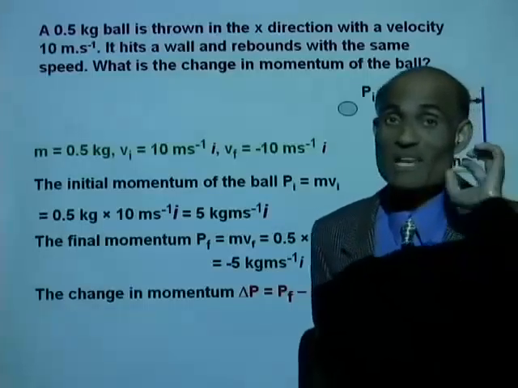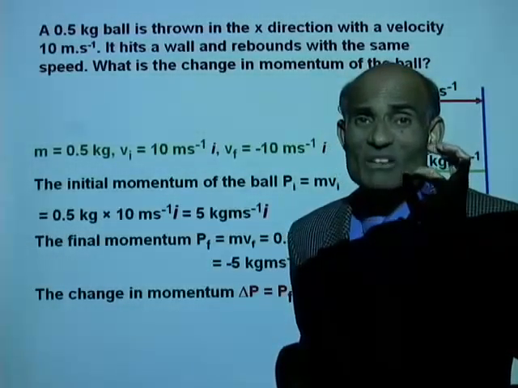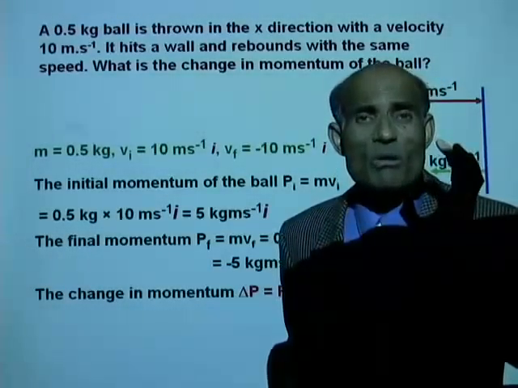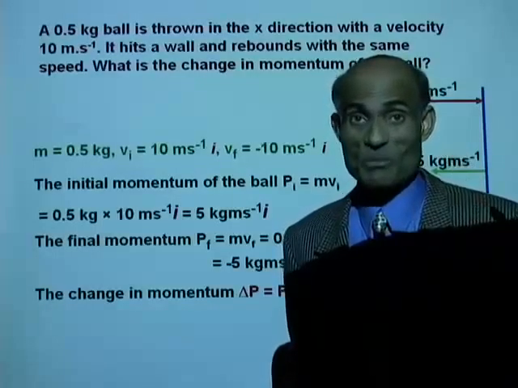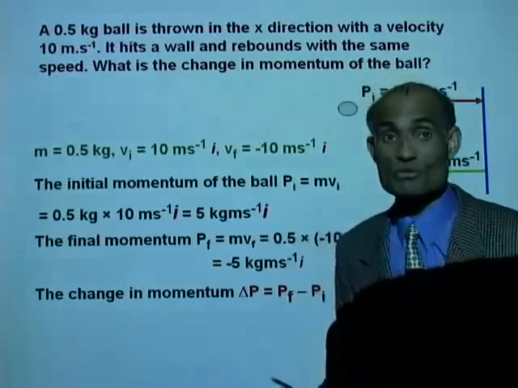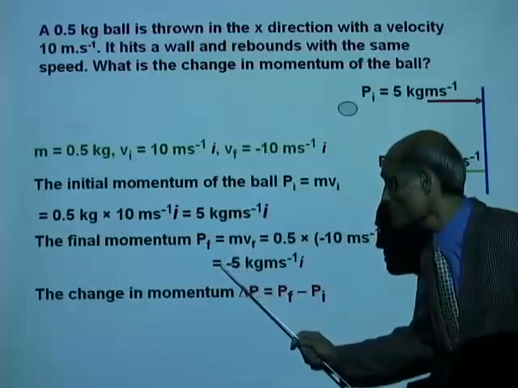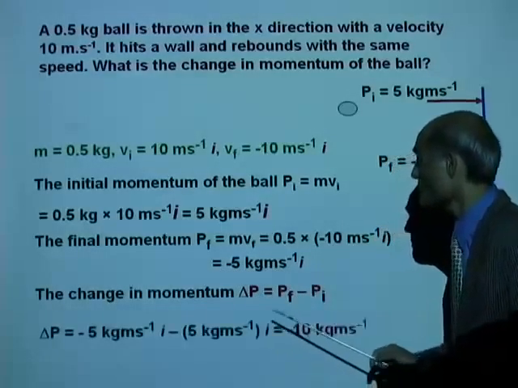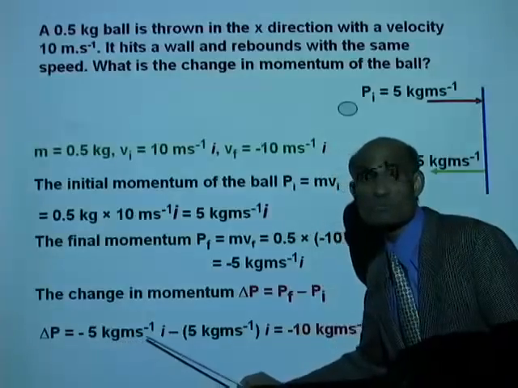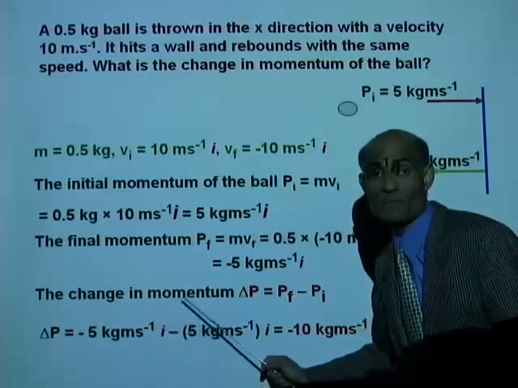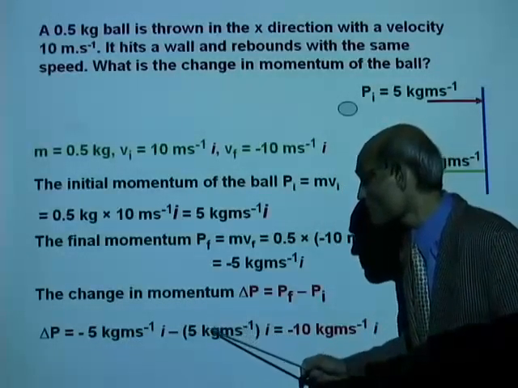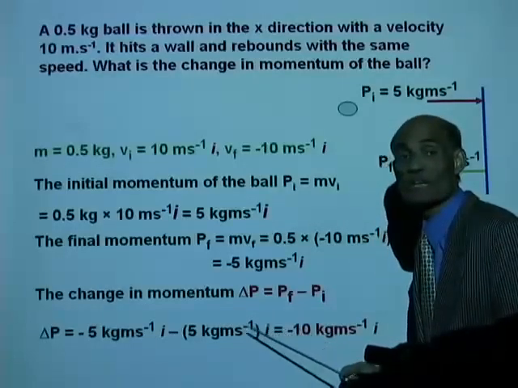I know at least some of you thought in your mind that the change in momentum is zero. Is the change in momentum zero? No. The final momentum is negative 5 kilogram meter per second i, and the initial momentum is 5 kilogram meter per second i.